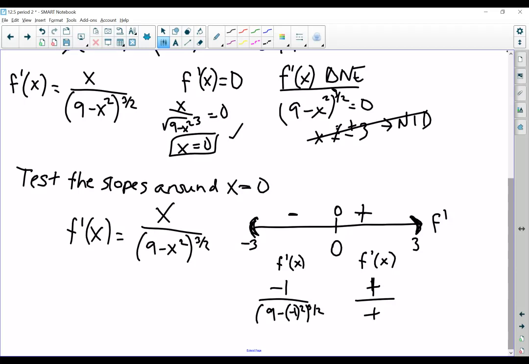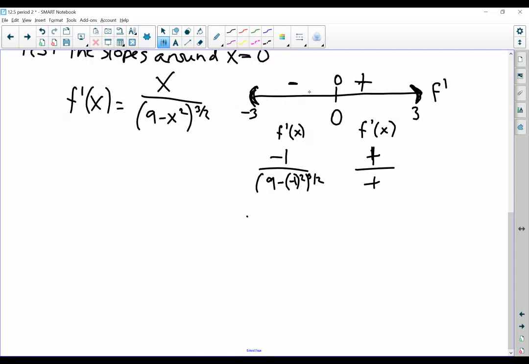Okay, now what does that tell us? It tells us that the function has negative slopes before 0 and positive slopes after 0. Since we have negative slopes, we know the function is decreasing. And since 0 to 3 has positive slopes, we know the function is increasing. So I would have an open circle, I would decrease, and then I would increase, and I would have an open circle.